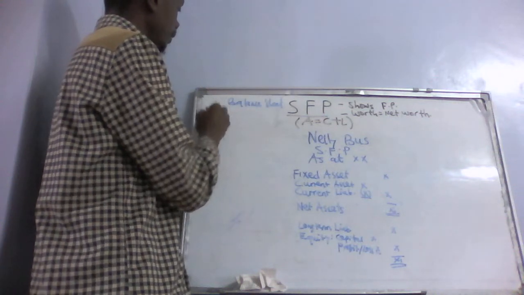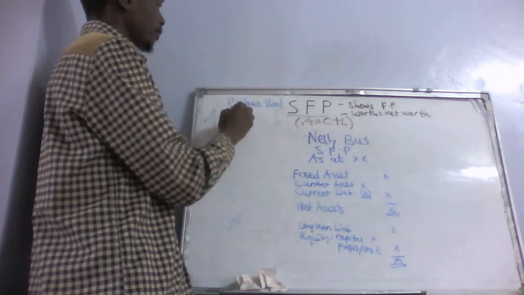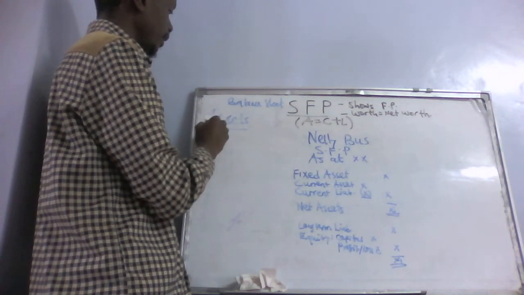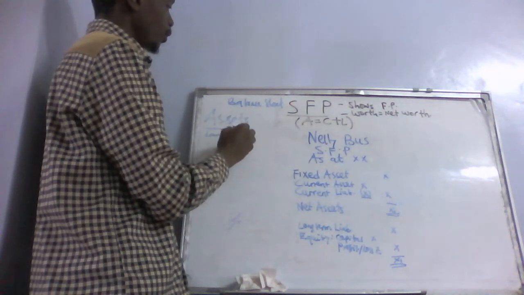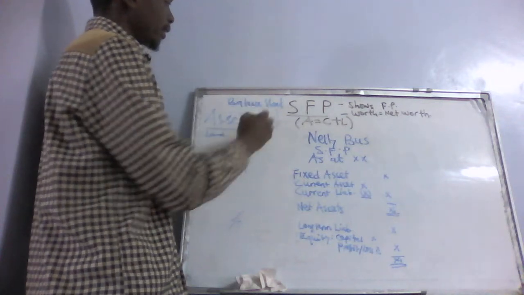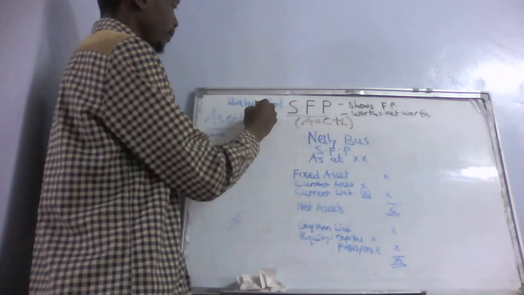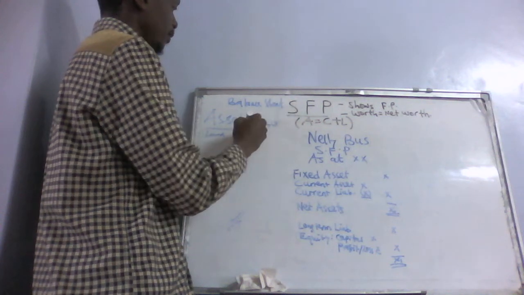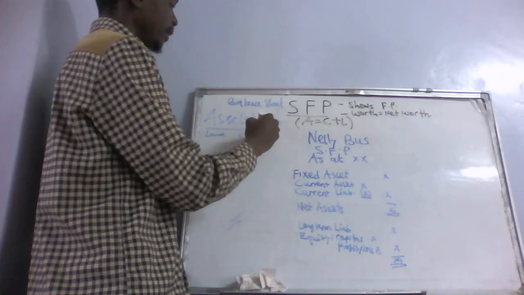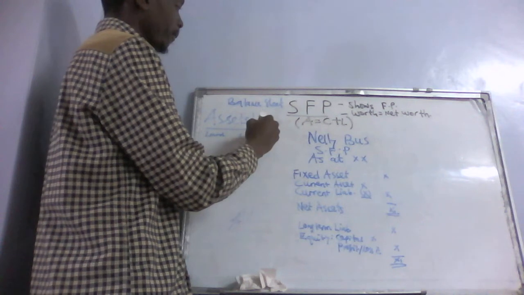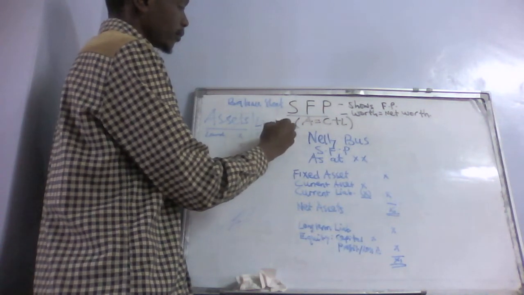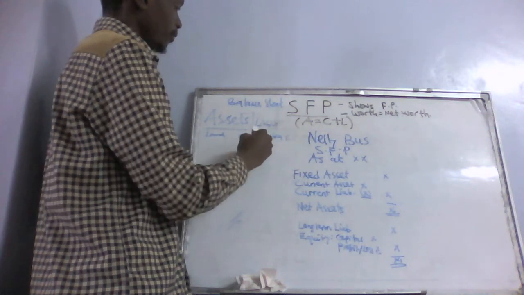Balance sheet: it will be assets here, list, then here land, and so on. Then this side, liabilities, you list, then here let me say payables, and then you have capital here.